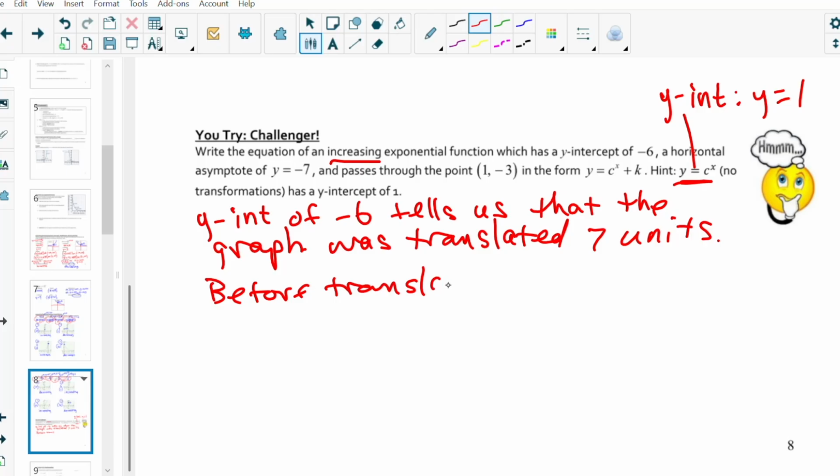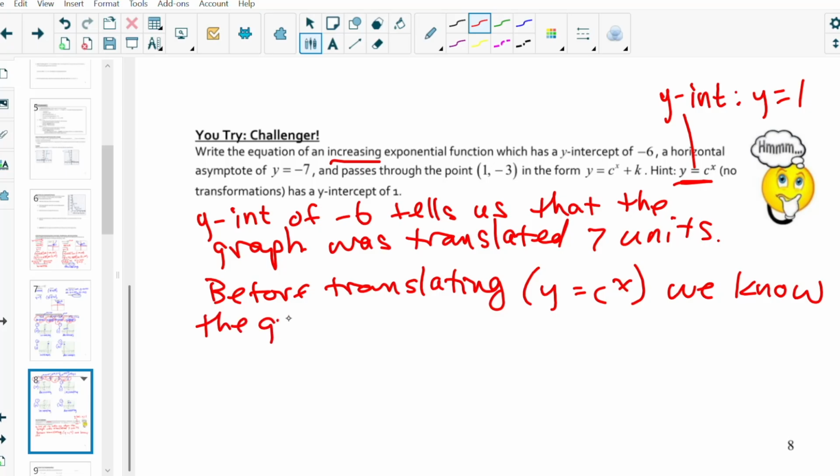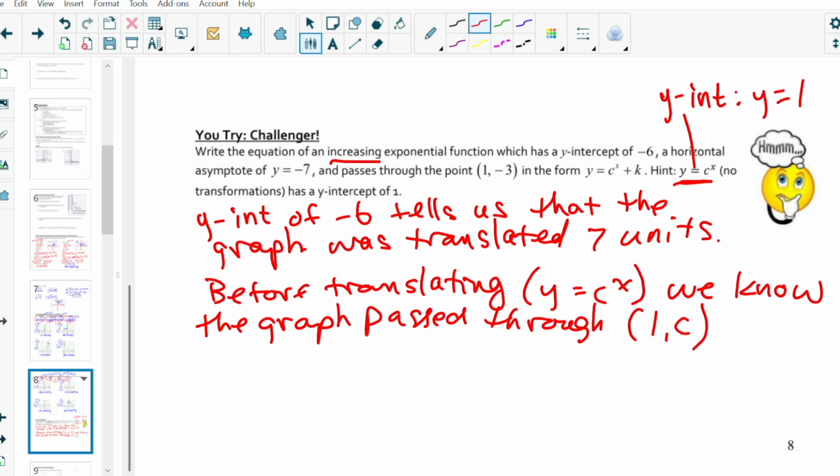Before translating, the original graph, y equals c to the x, we know the graph passed through (1, c).